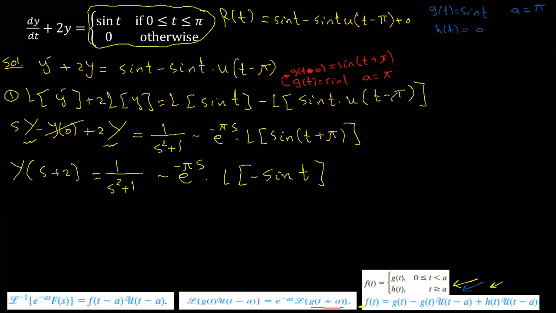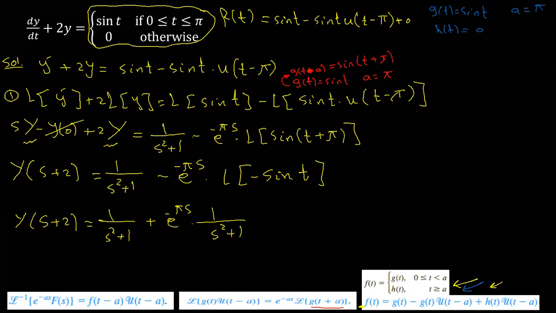It's a rule. Take the negative out. So I have y capital times s plus 2 equal 1 over s squared plus 1 plus e to the negative pi s times the Laplace of sine. I know it is 1 over s squared plus 1.